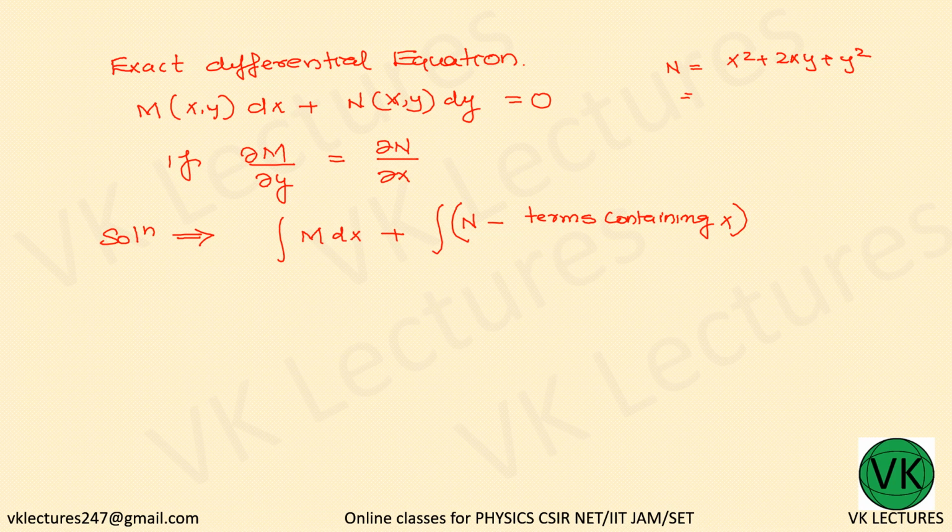So here x square and xy go, so N should be equal to y square. So N minus terms containing x, with respect to dy, equal to c, that is the constant of integration. So once again the solution is given by integral M dx plus integral N minus terms containing x dy equal to c.